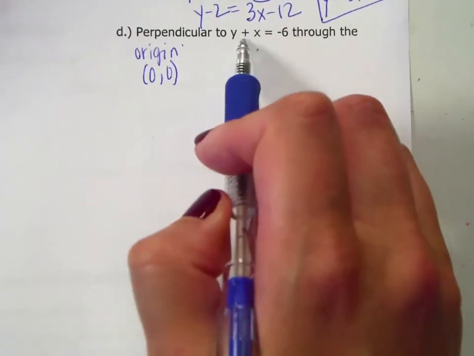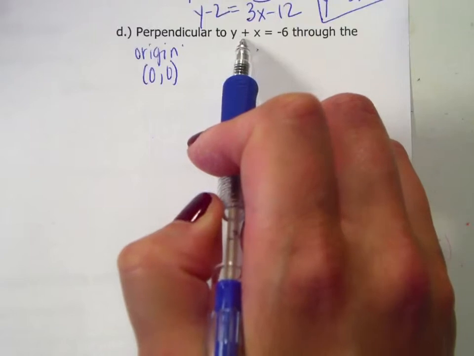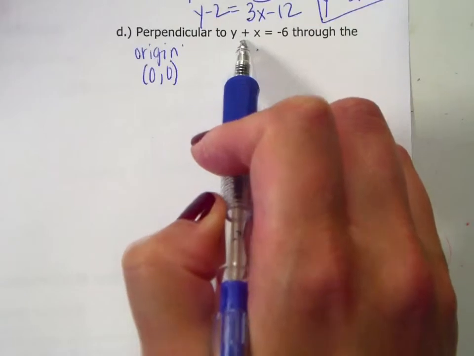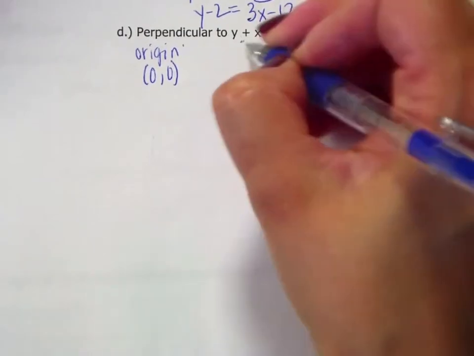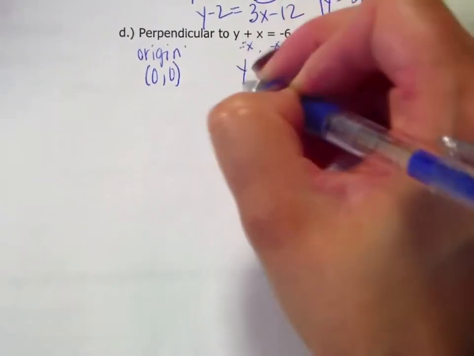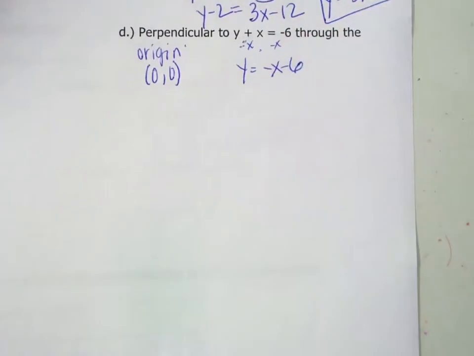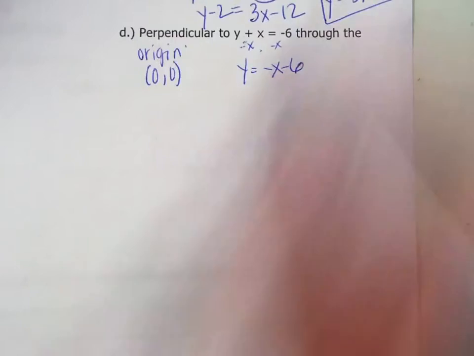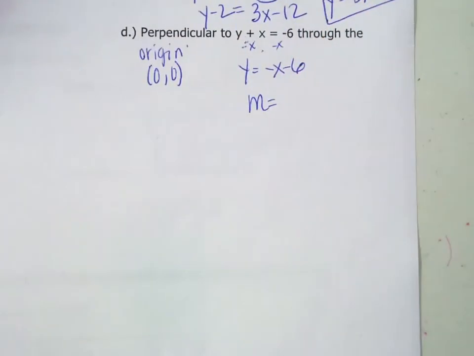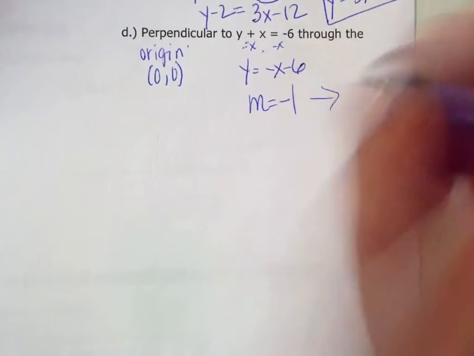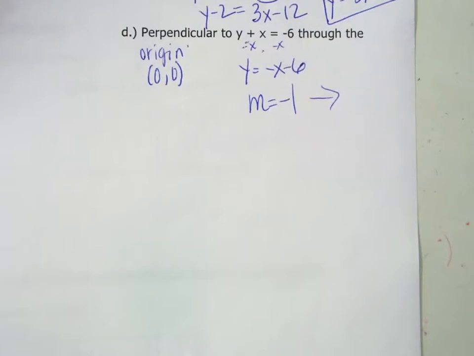But what's the problem right now? Right, it's not in slope-intercept form. So I can't just look at that and identify the slope. So what we need to do is subtract that x over, so that given line is in slope-intercept form and I can identify the slope. And what is the slope then? -1. What's the slope of my line going to be? +1.